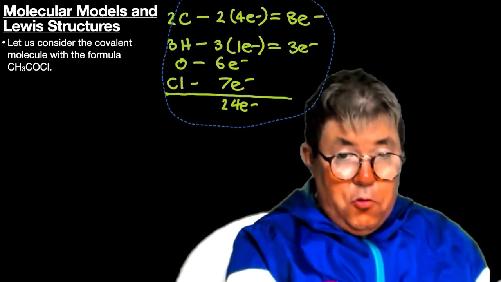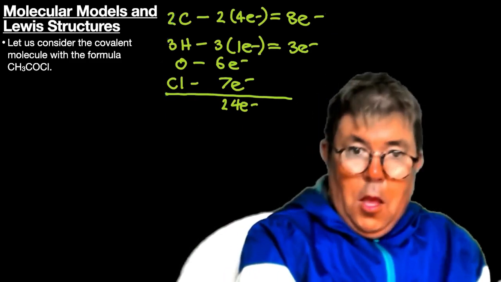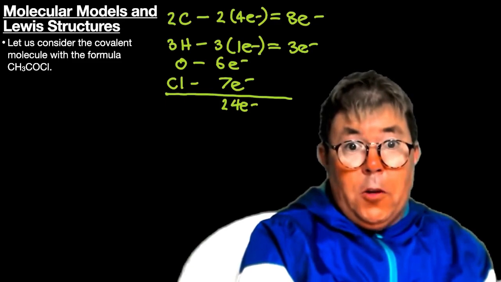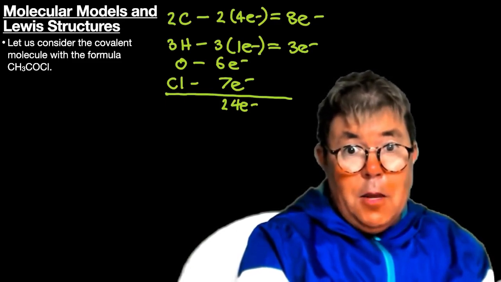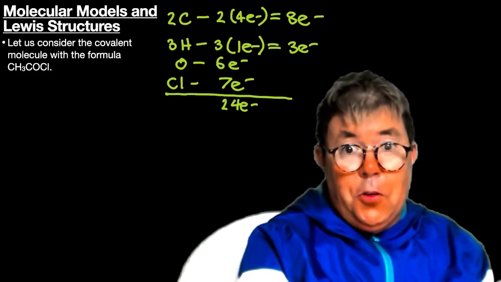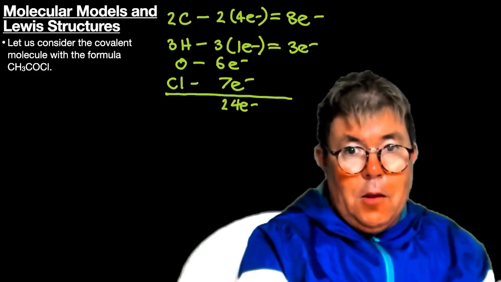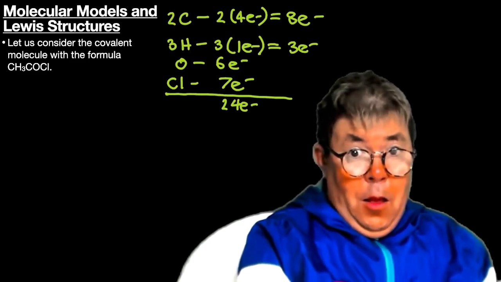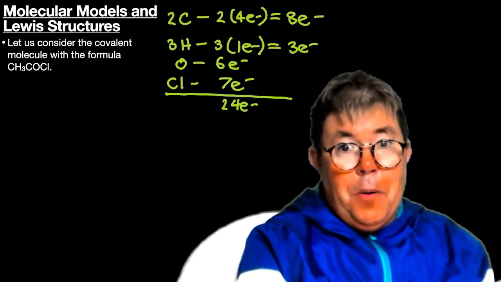So now we want to draw the Lewis structure. When drawing the Lewis structure for this particular experiment or lesson, some of the molecules you're going to run into have more than one central atom. So what is usually going to be the central atom, if at all possible?